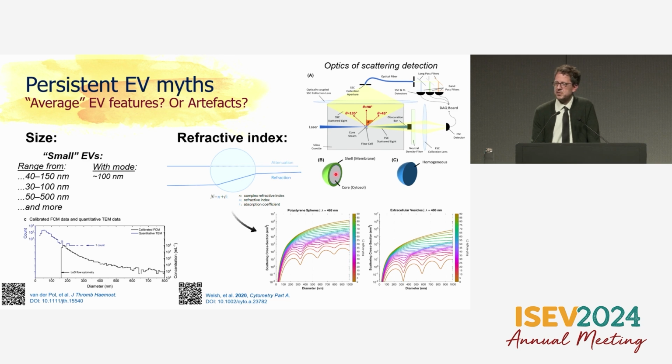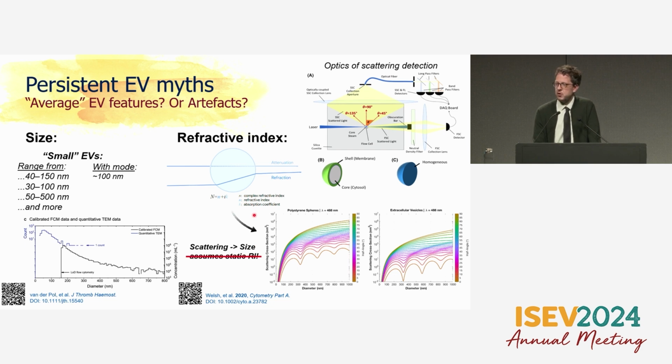So even our most advanced models currently that are trying to turn side scattering into size are not considering that EVs have a natural diversity in refractive index, which is related to their materials. So a lot of these, in the NanoView system and in all flow cytometry modeling, are turning scattering into size, and they're all assuming that EVs have a static refractive index. So all EVs, big and small, they say are 1.4, or whatever number you might be able to float.